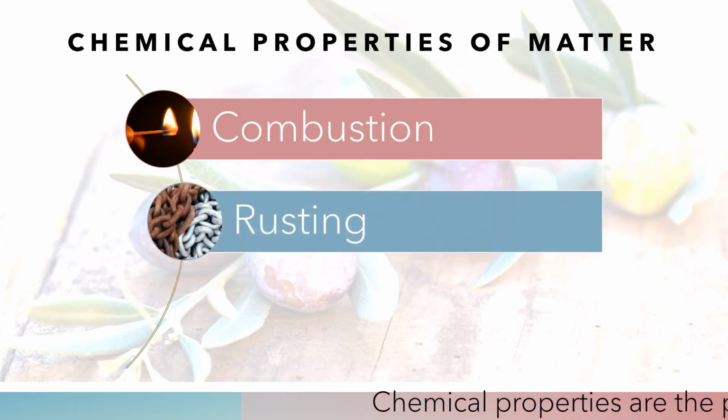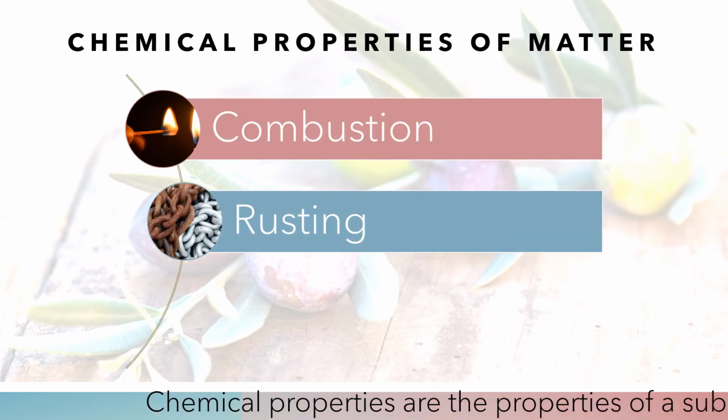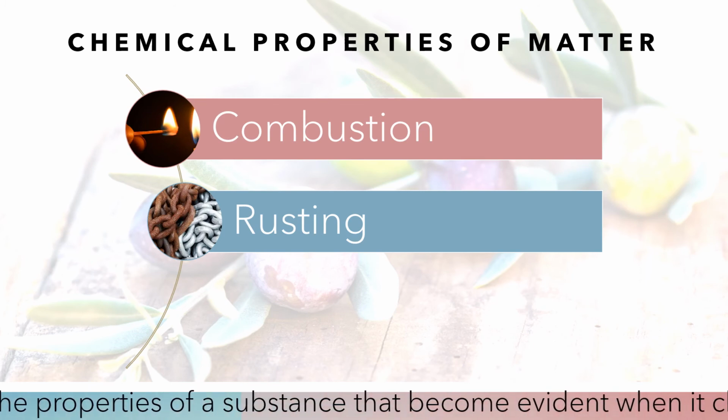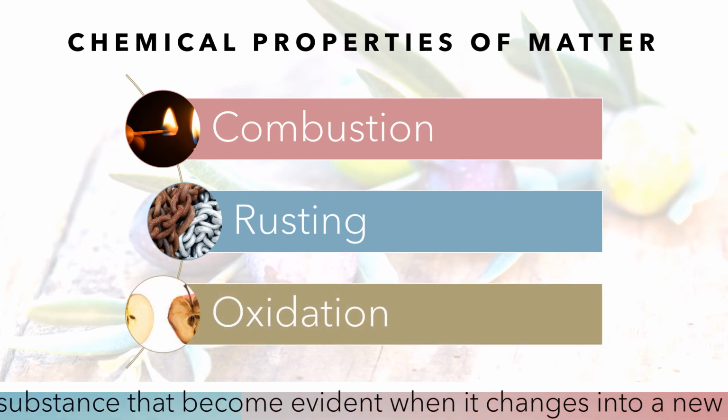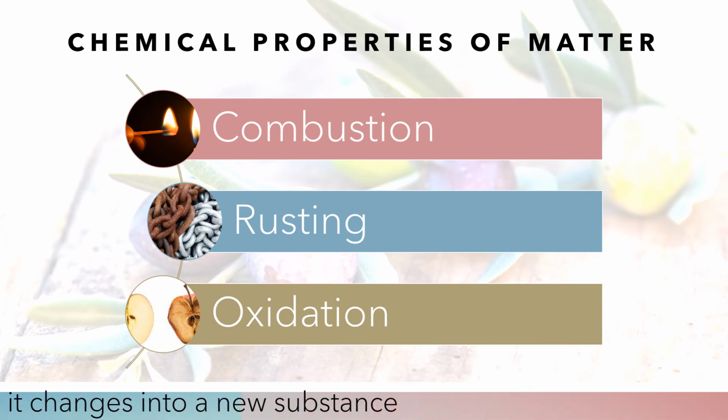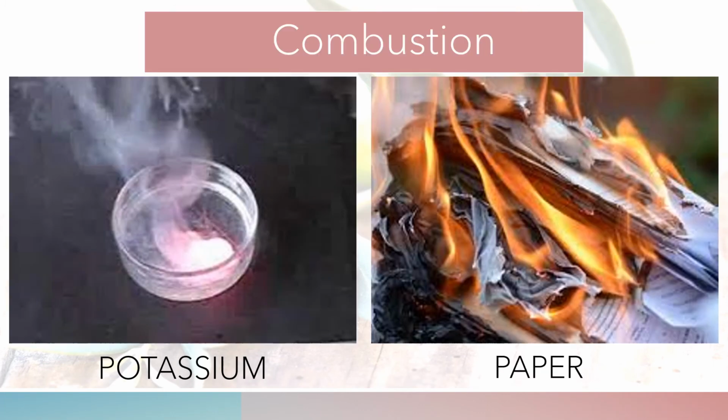Another way to classify matter is by their chemical properties. For example, combustion here, rusting and oxidation. Okay, some metals are easily burned even in water, like potassium here.